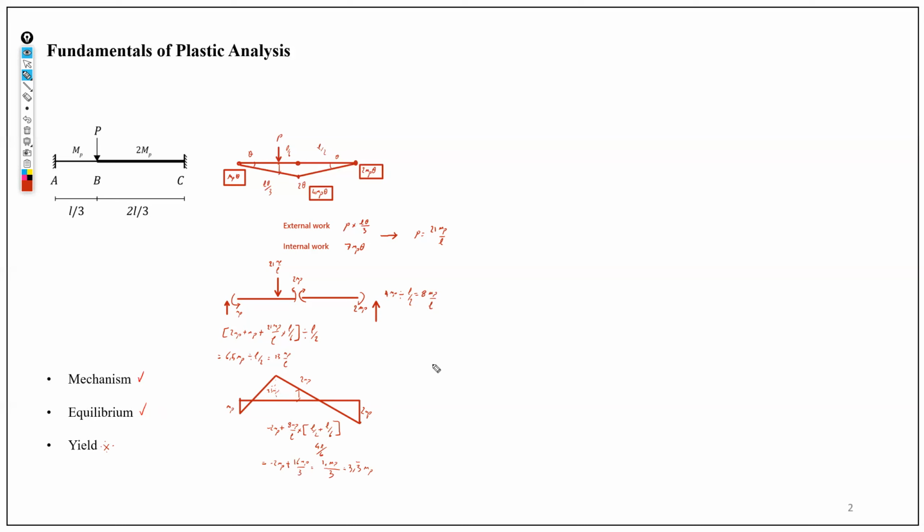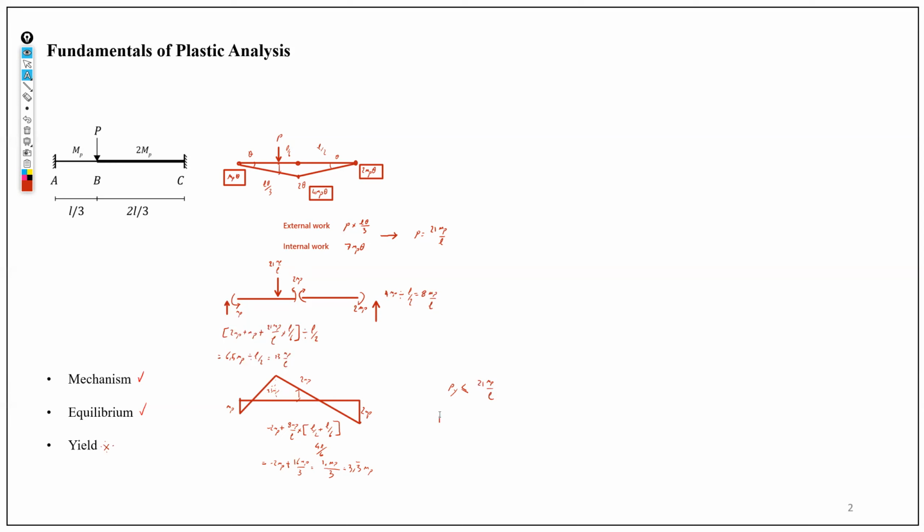Therefore, it means that if Py is the true force corresponding to the true mechanism that this structure can withstand, then definitely it is less than this force that we have obtained, 21 Mp over L.